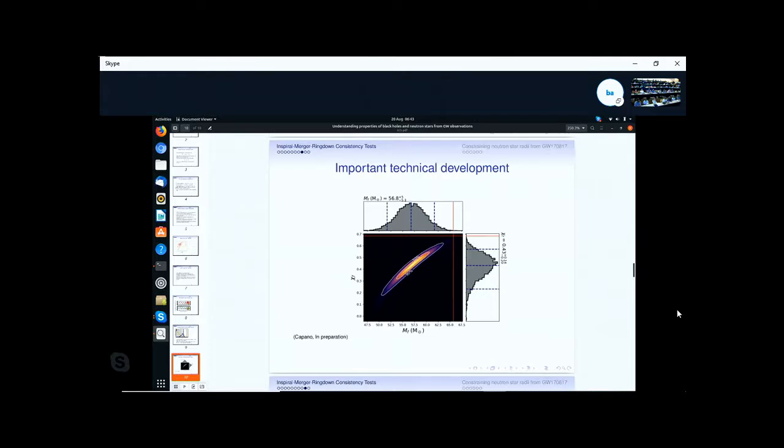You have a full waveform and you made a cut at a particular time, and then you want to measure the final mass and the final spin, and you see that the red lines, which are the actual injected values, are outside all the credible intervals. This is happening because you were not careful in doing this cut in time.